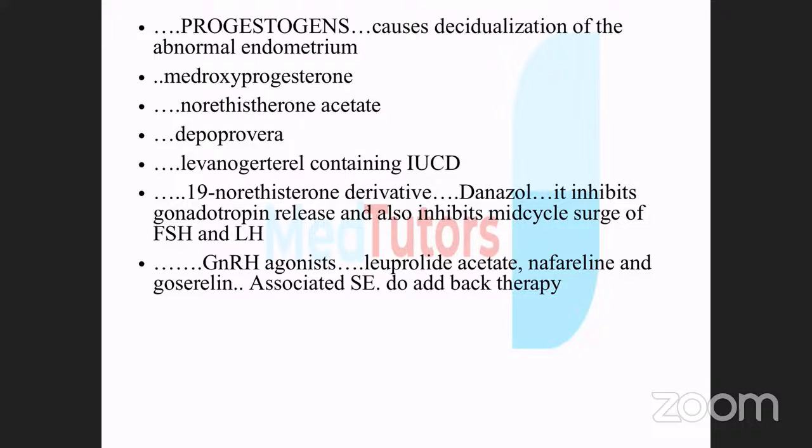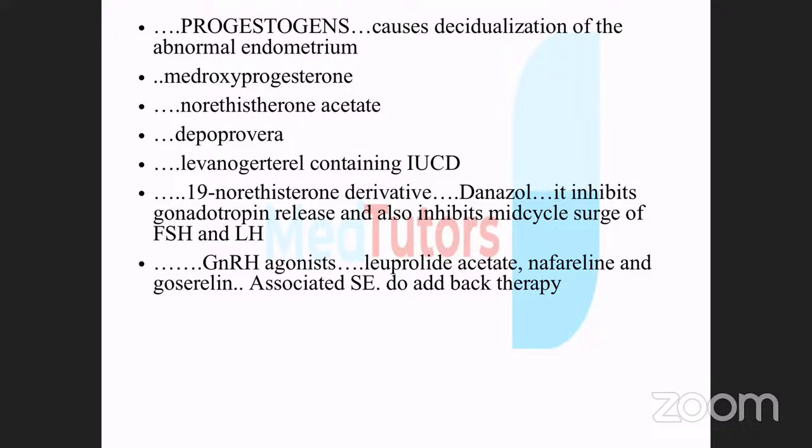Then of course you can also use gonadotrophin releasing hormone agonists, such as leuprolide acetate, Zoladex, that's goserelin, nafarelin. There are very different types of agonists and antagonists. They are very good for treatment of endometriosis or even pelvic pain from endometriosis or even fibroid.